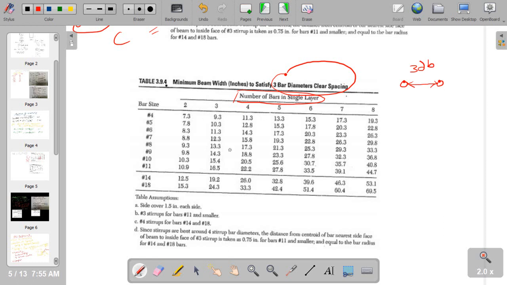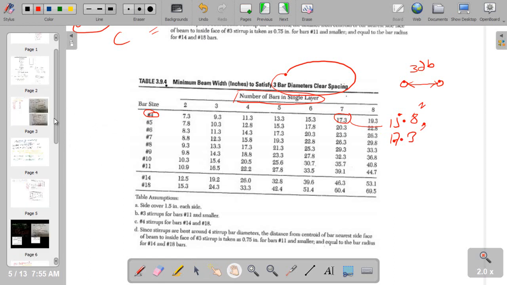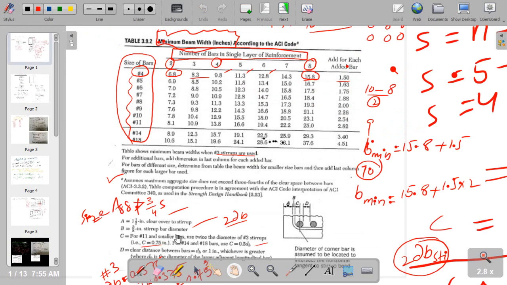And the minimum widths are, you can see here, number 4. So in the previous case we found this is about 15.8 inch, but here you can see this is 17.3 inches.